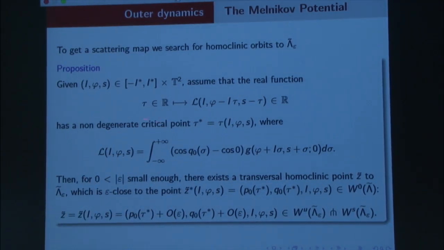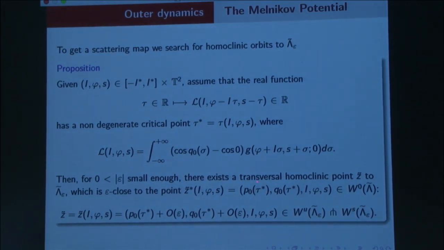For any non-degenerate critical point that I find, I will be able to prove that there exists a transversal homoclinic point to lambda tilde epsilon that is close to some part of the separatrix.